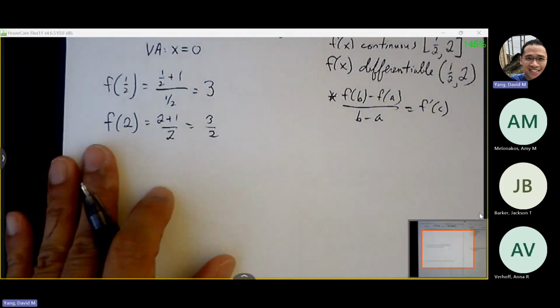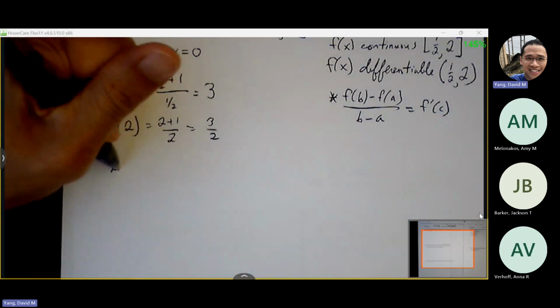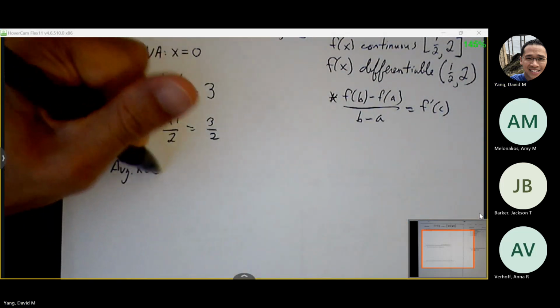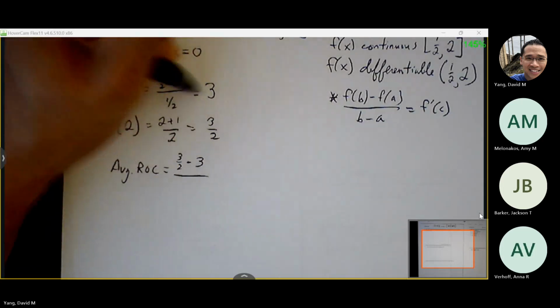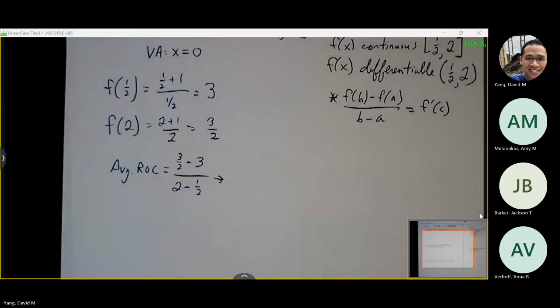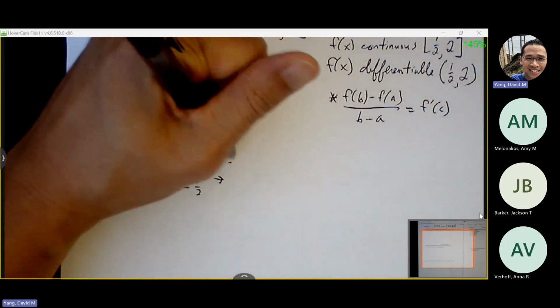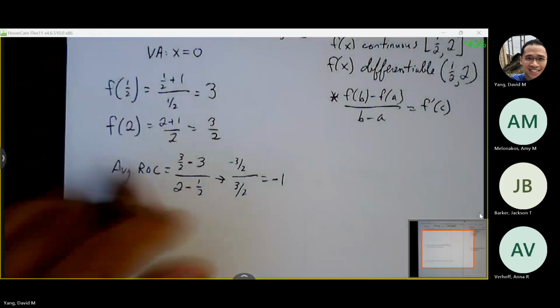Okay, we have our ordered pairs. Let's find the steepness between these 2 points. That's our average rate of change. This ends up giving us negative 3/2 over 3/2, which is equal to negative 1.